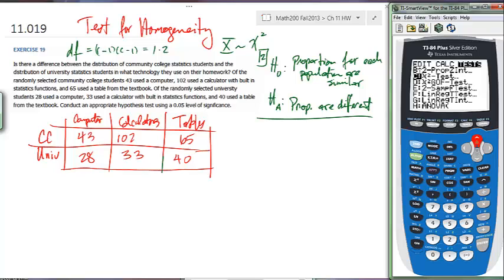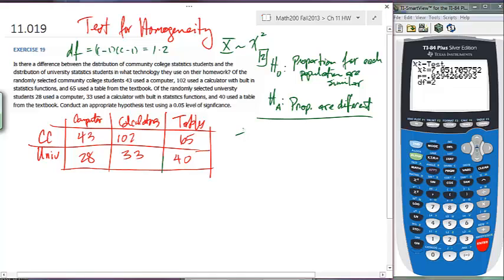So like I said, this is exactly the steps that we take for the test for independence. We're going to have observed and expected values. Let's calculate this first to get our information. So we got our test statistic, our degrees of freedom agrees with what we had earlier, our p-value is there.